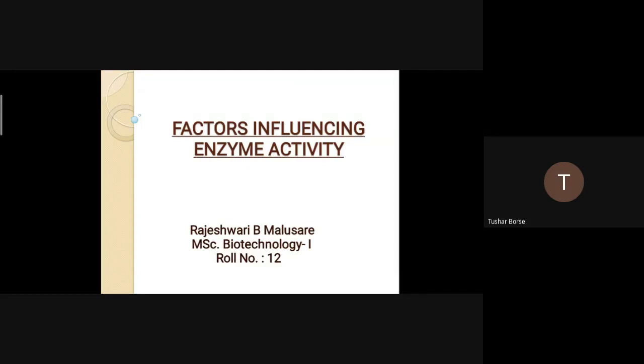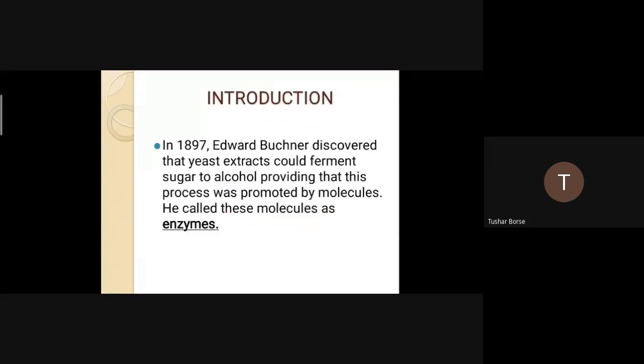So today we'll be discussing the factors influencing enzyme activity. Let us understand when the term enzyme was first introduced. It was in 1897 by Edward Buchner, who saw that the fermentation of sugar to alcohol was catalyzed by some specialized molecules, and he called these molecules enzymes.